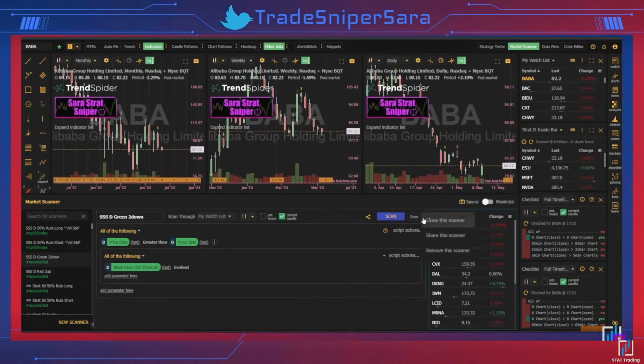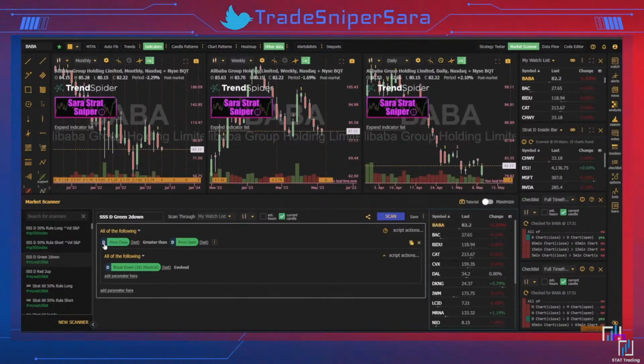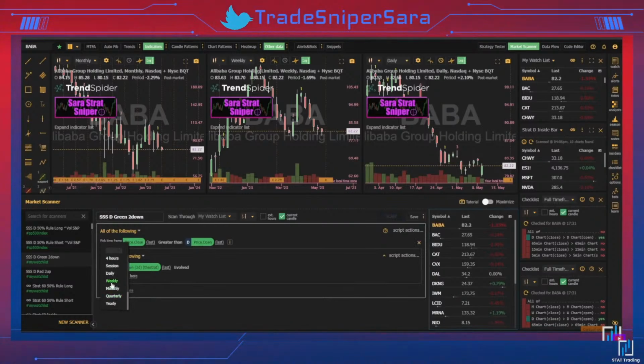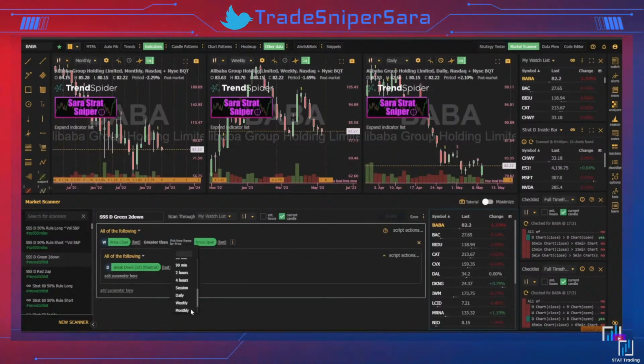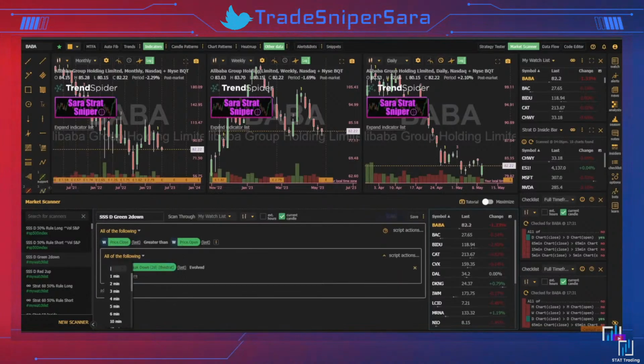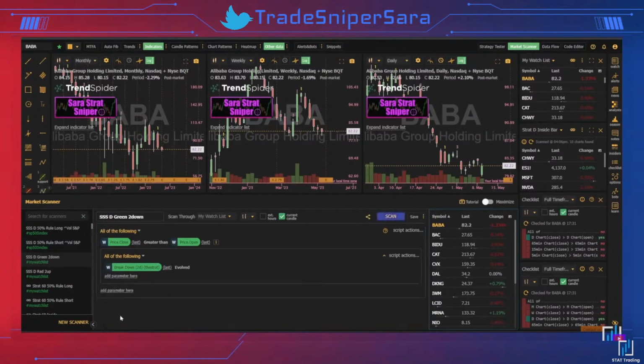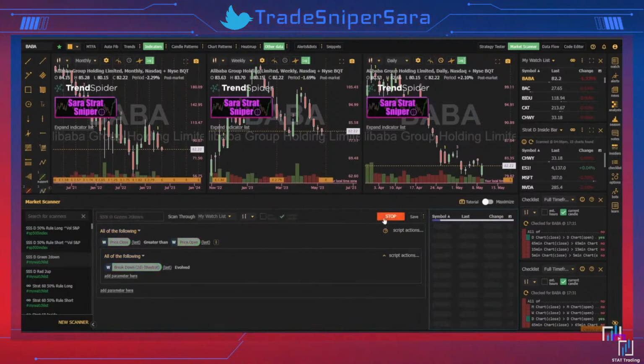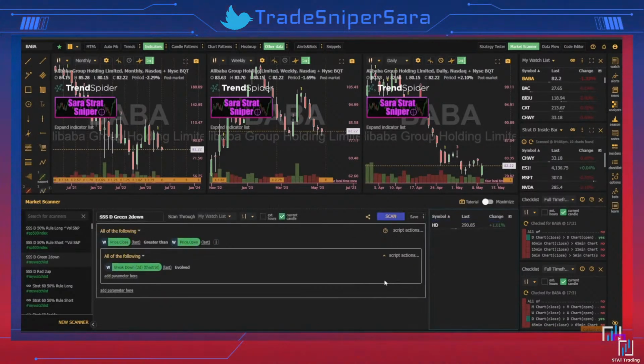You can also clone the scanners, so it'll make a copy of it, and then you can edit it. Say if you wanted to make all of these a weekly scan, you would just scroll down, put week, week, week. So you have to change all those 3 time frames if you want it to scan for weekly green 2 downs.